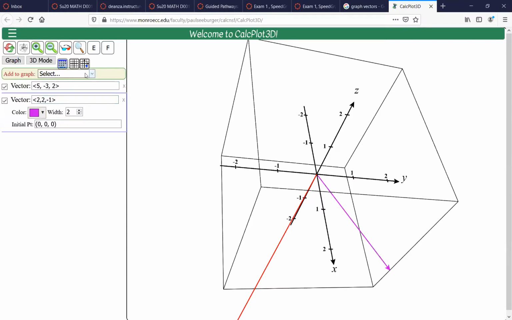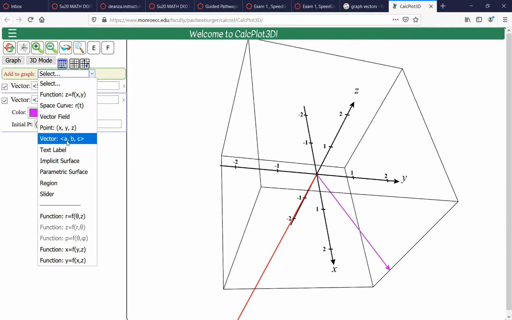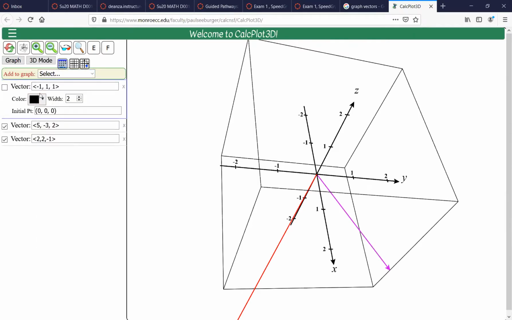And let us add their cross product. Let me use green. Here you have 1, negative 9, and negative 16. Very well.